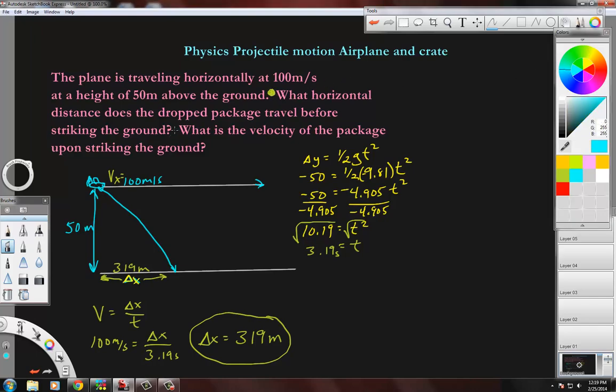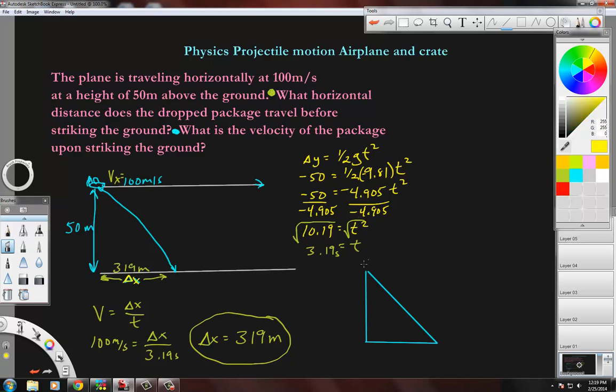Now, this part, what is the velocity of the package upon striking the ground? Well, we know, let me draw another triangle. Let me just set this up again. So we get the plane here, straight down, over, and then that's the package drop path.